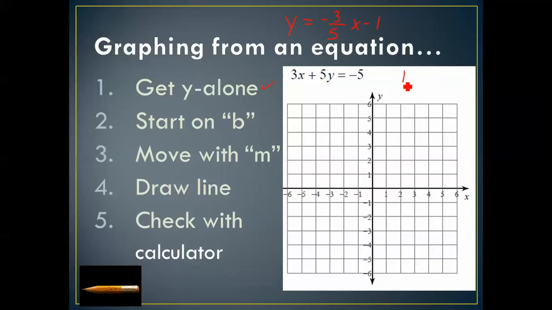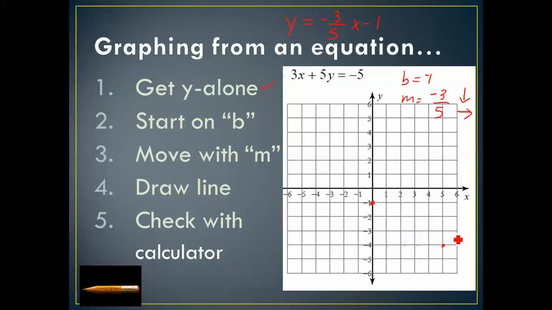We're going to start with b. b is -1. So I'm going to put a point at -1. Then I'm going to move with m, and m equals -3/5. The -3 tells me I'm going to move down. The 5 tells me I'm going to the right. So I'm going down 1, 2, 3, and to the right 1, 2, 3, 4, 5.